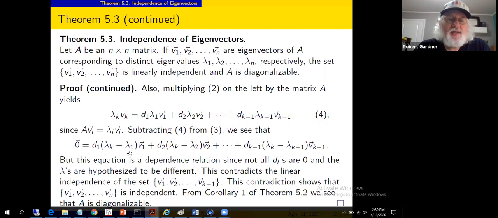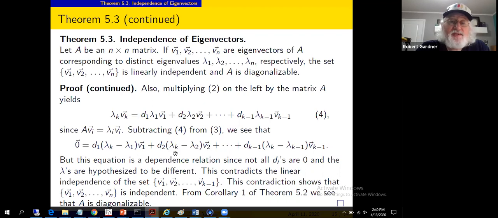How about lambda sub k minus lambda sub 1? What were our hypotheses? Distinct eigenvalues. Well, if the eigenvalues are all different, then lambda sub k minus lambda sub 1 isn't 0. Lambda sub k minus lambda 2, non-zero. All the differences of lambdas are non-zero because all the lambdas are different.